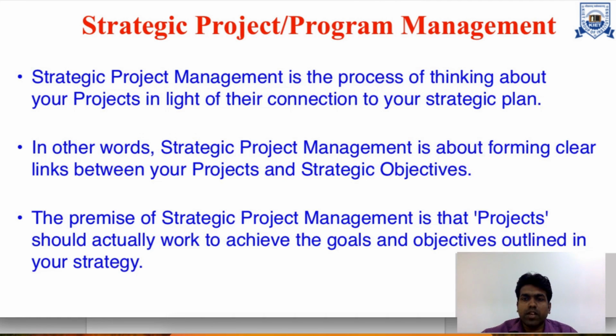Whatever strategic plan you have made in your stepwise process planning and all, we basically compare or link between our project which is going on and our strategic objectives. The premise of strategic management is that projects should actually work to achieve the goals and objectives outlined in your strategy. With the help of this, we can trace out whether we are going to achieve the goals and objectives of our project or not.